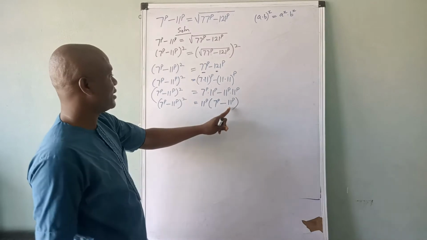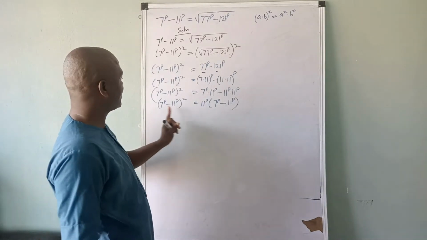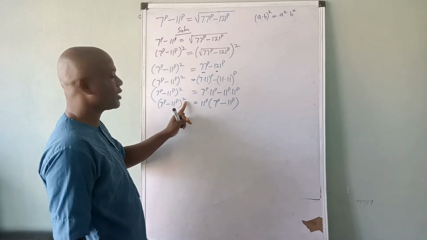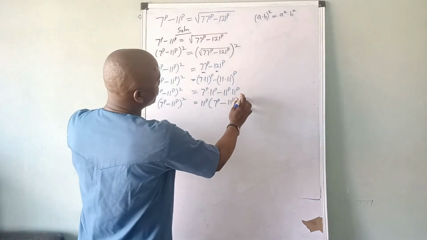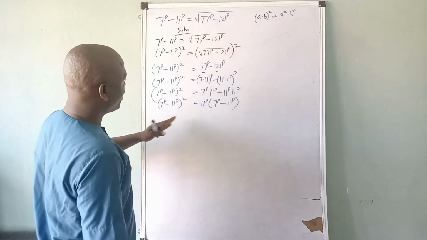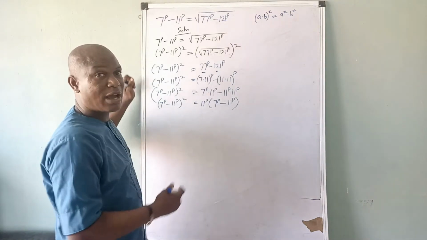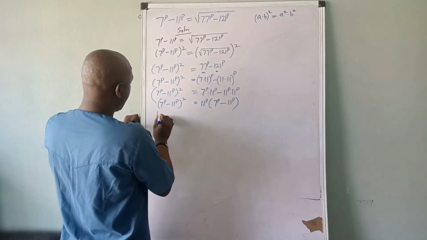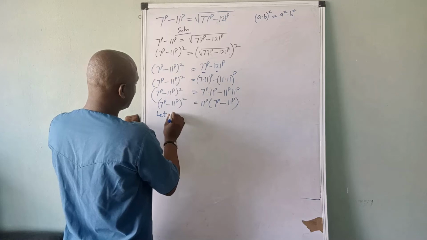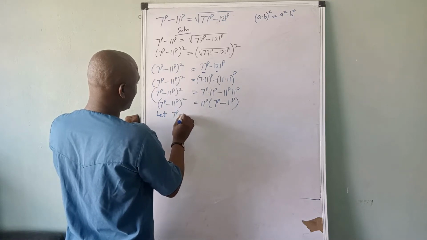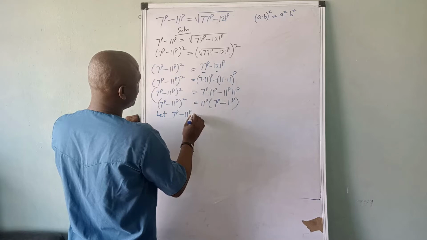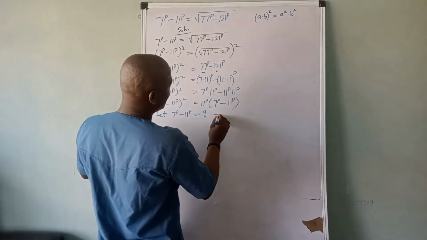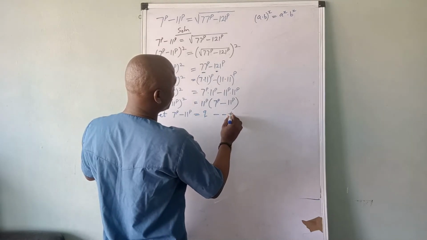From this, you can see that the expression here is similar to the expression we have here. It's just that this one is raised to the power 2, while this one is raised to the power 1. So what do we do? We can use one alphabet to represent this. So let 7 raised to the power p minus 11 raised to the power p equal q. So let's have this as our equation star.